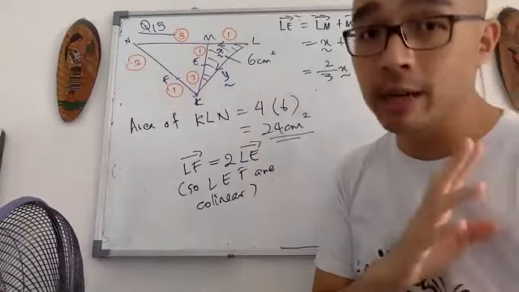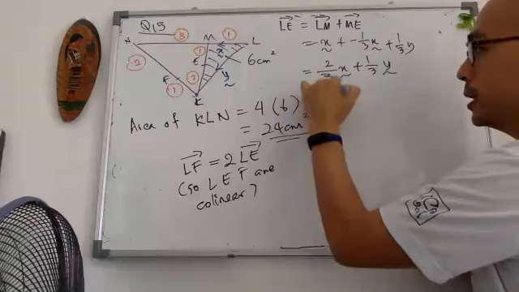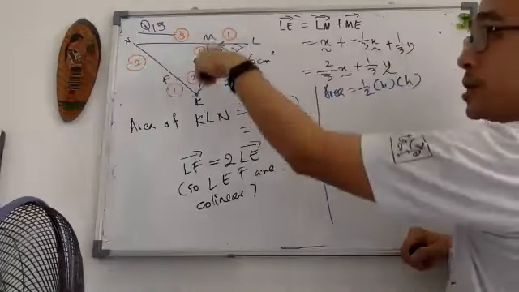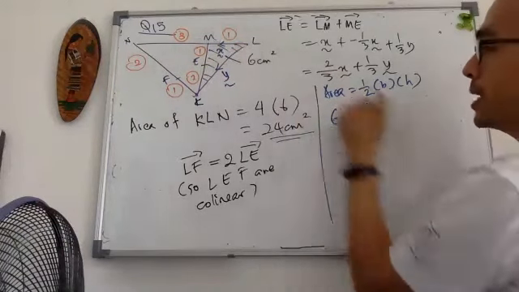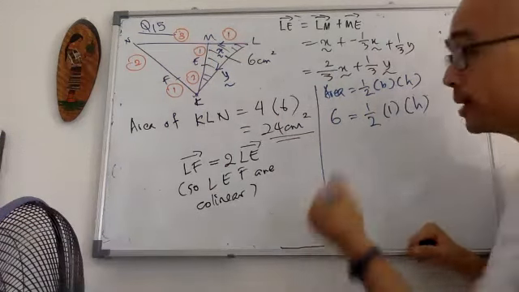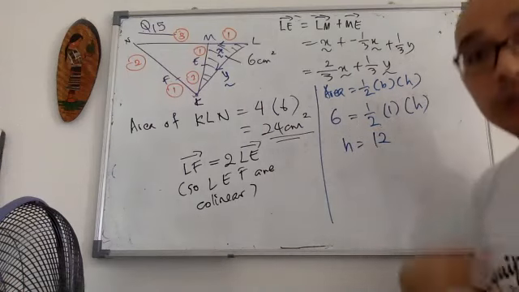Another way of thinking about this is fine. If you want to go back to the formula, area is 1 over 2 times base times height. So the original area is 6, which is 1 over 2 times base 1 times height. So the height equals 6 times 2, which is 12. Let's use the same thing.